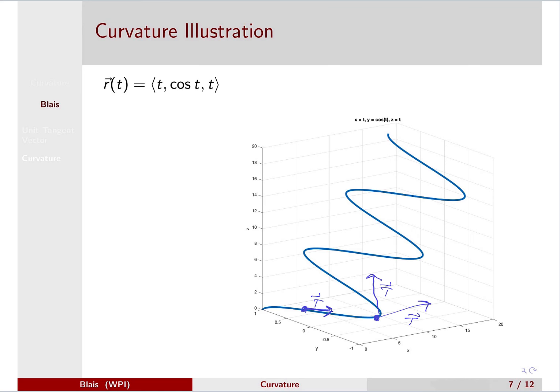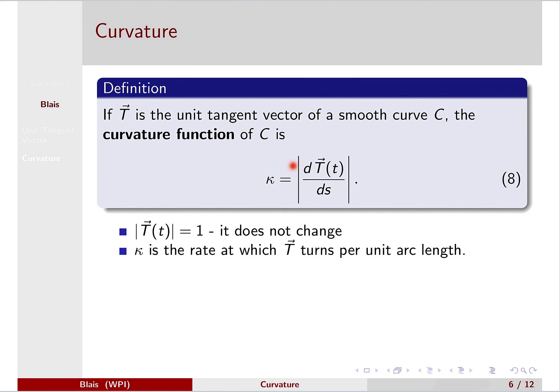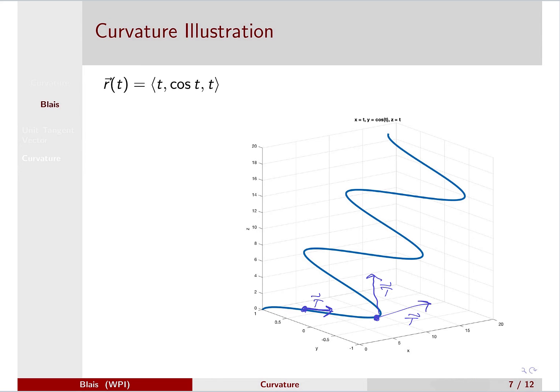And so that definition, the magnitude of the derivative of the unit tangent vector with respect to arc length, it's how much that unit tangent vector is having to turn per unit arc length as you move along the curve.